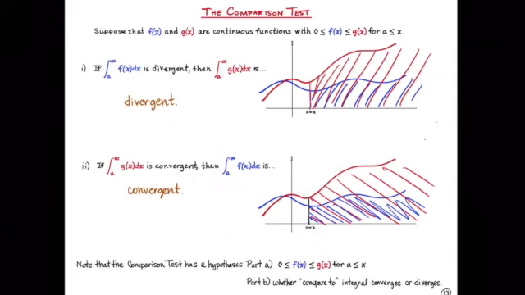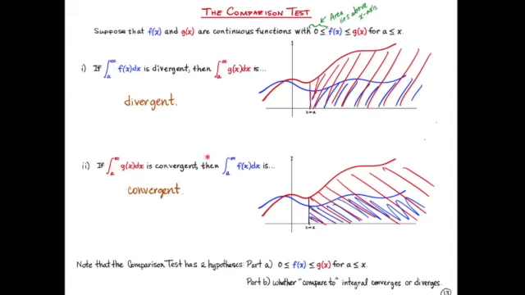So we know we have some positive area lying above the x-axis, and that the area between some number a and infinity is finite. That's another way, if it converges, it is a finite number.